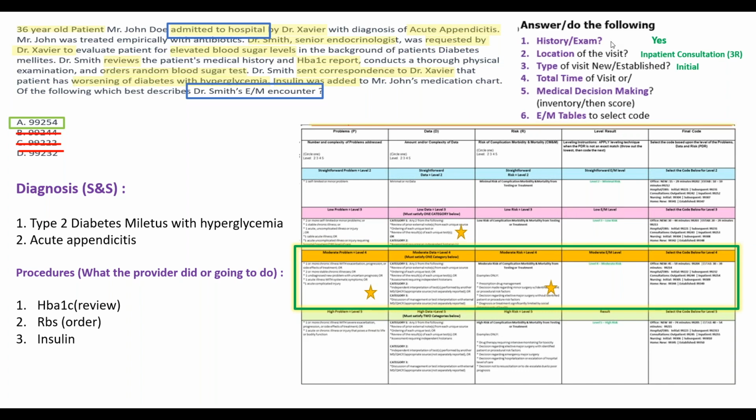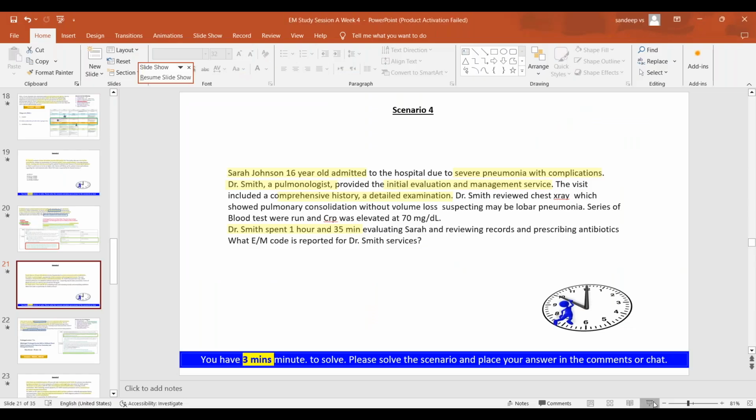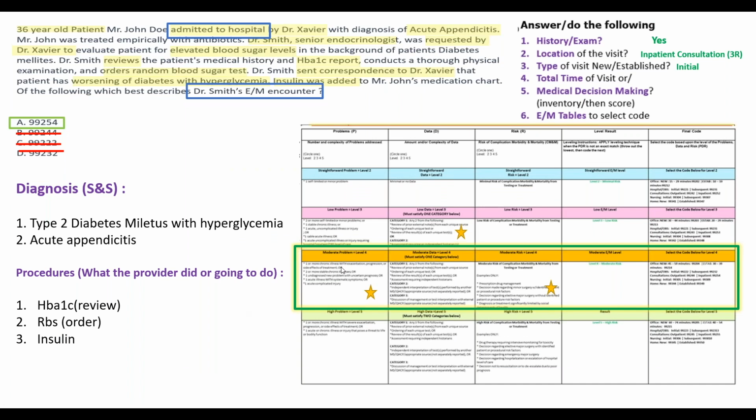So how are you feeling, coders, on this one? Please let me know in the chat if the explanation helps or you need more explanation on this one. Yes, okay, good to know. So we are moving on to scenario number 8. Are you ready, coders? Are you ready for scenario 8? Yes, getting better all the time.